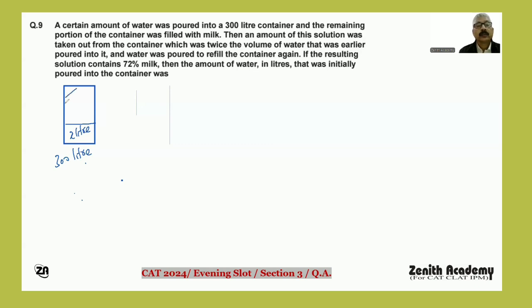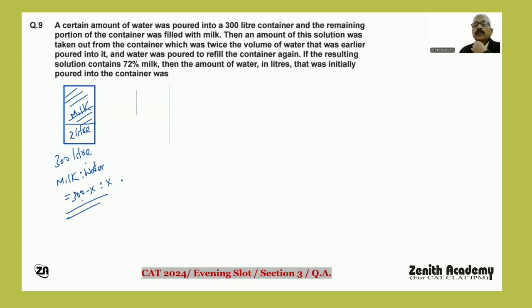So now it becomes a mixture of milk and water. So in this container, the ratio of milk and water is 300 minus X is to X.